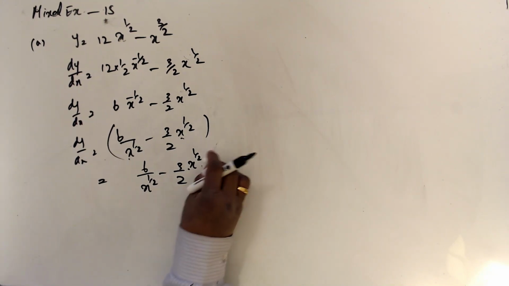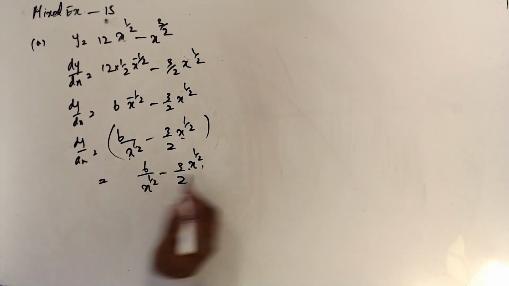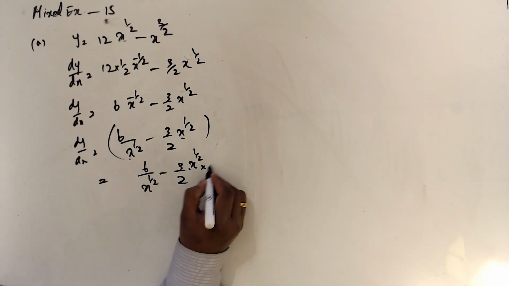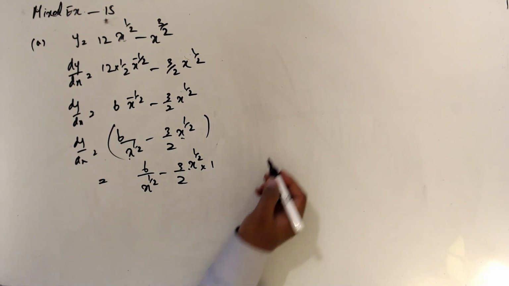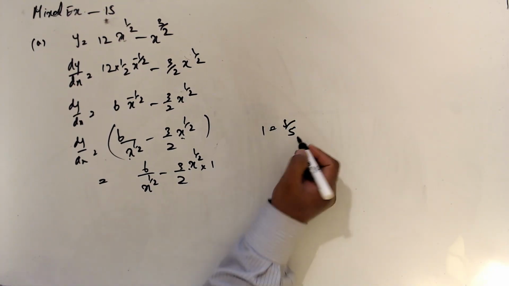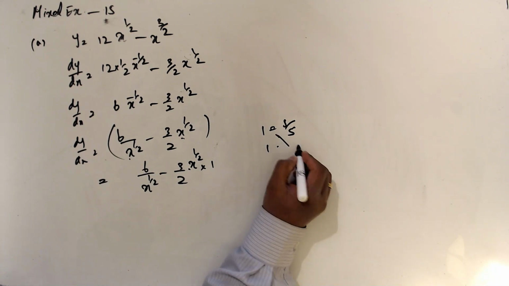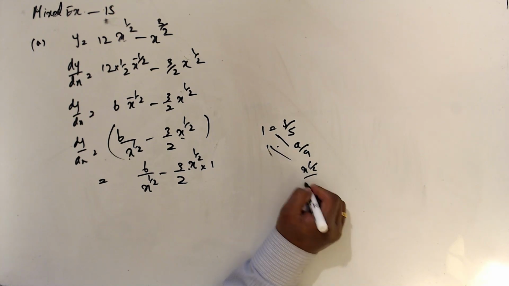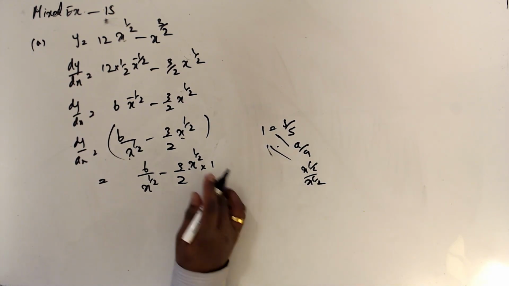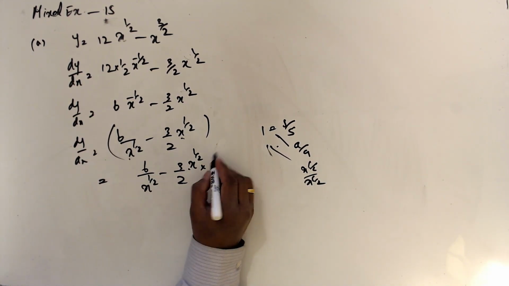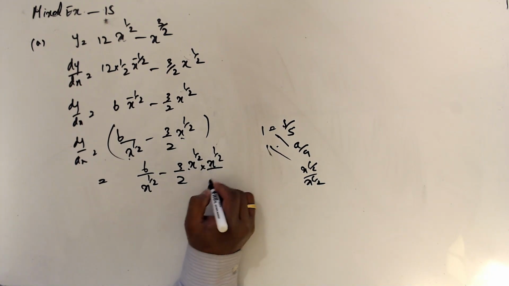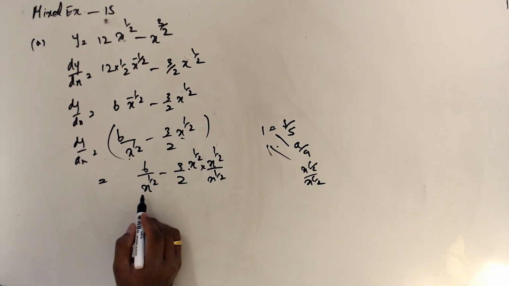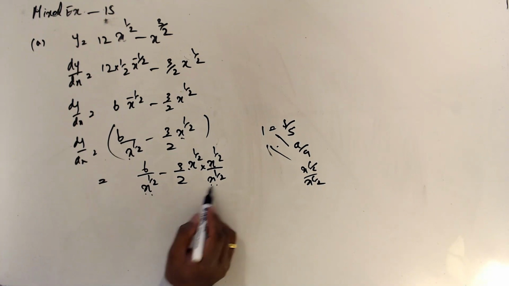So you can think about it like this as well. This is the same as this one multiplied by 1. How can you write 1? 1 is 5 divided by 5, or a divided by a, or x to the half divided by x to the half. So I'm going to use x to the half over x to the half, because I want to make x to the half in the denominator.